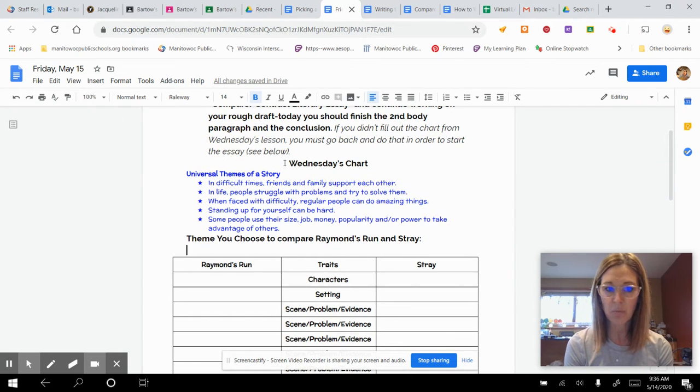This is the chart from Wednesday. Here are the universal themes of a story. You need to pick one of those themes so that you can compare Raymond's Run and Stray. What theme do you see in both stories? Okay, so it's important that you write that theme down first.